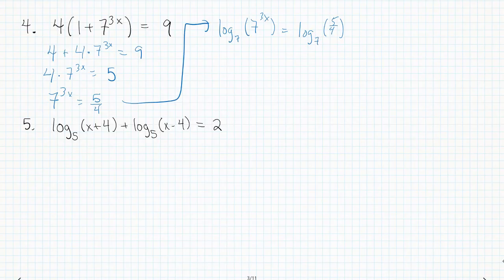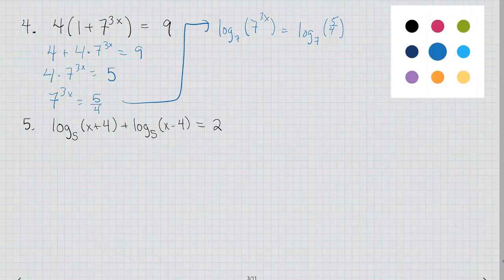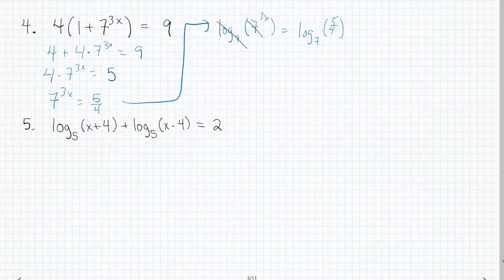However, we're going to go from here with this idea. Moving forward, notice the 7's match, so we can get rid of the 7's, and we're left with 3x equals log base 7 of 5/4. And so that means our x equals the log base 7 of 5/4 over 3.